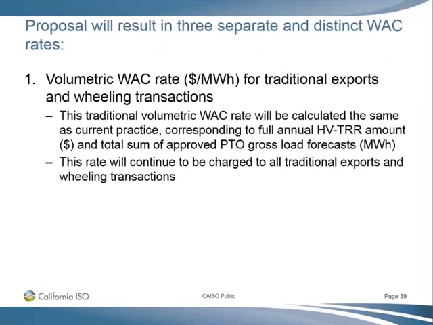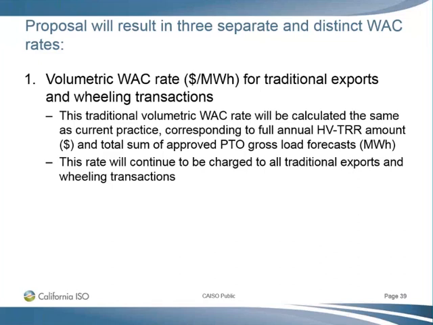The first part, listed as number 1 on slide 39, is the volumetric wheeling access charge rates for traditional exports and wheeling transactions. So what does that mean? We're going to keep the same billing structure with only a volumetric billing determinant for traditional exports and wheeling transactions.